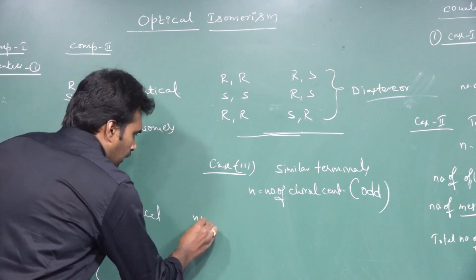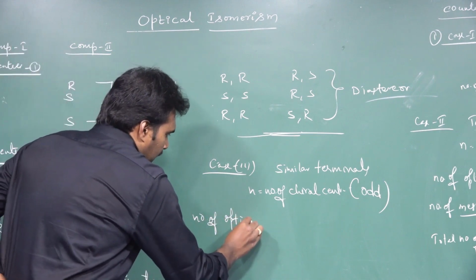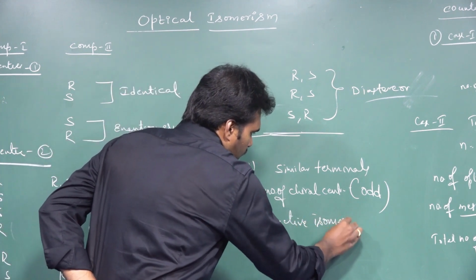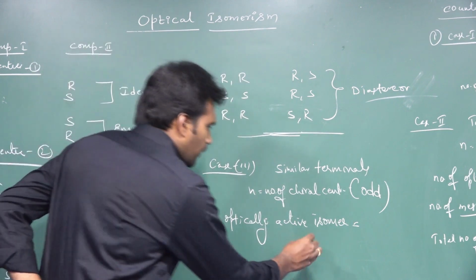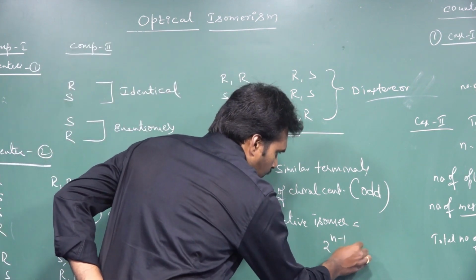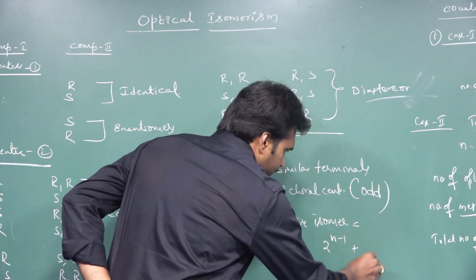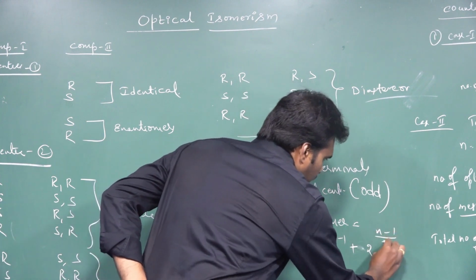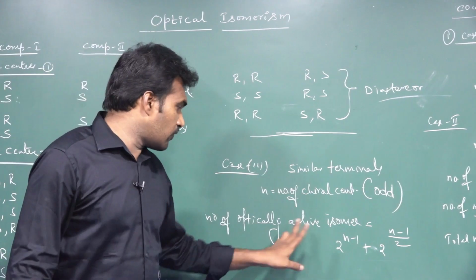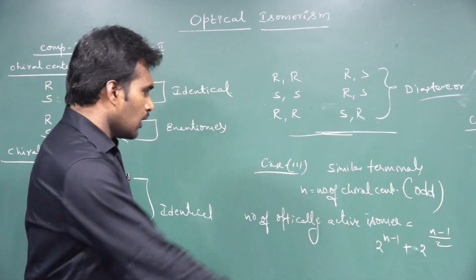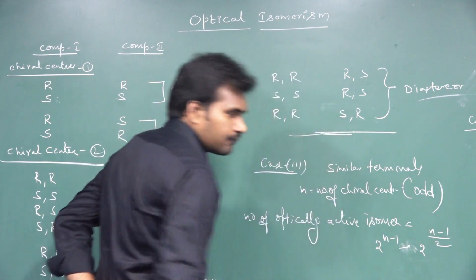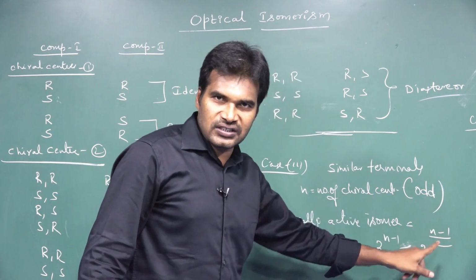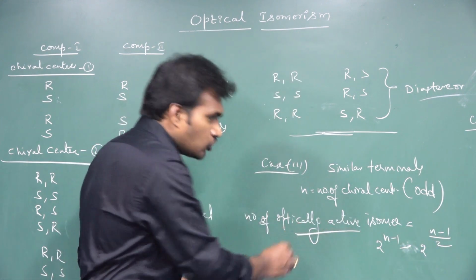Then the formula, number of optically active isomers formula 2 power n minus 1 minus 2 power n minus 1 by 2. So this is the formula for total number of optically active isomers. By using this formula, we can calculate total number of optically active isomers.